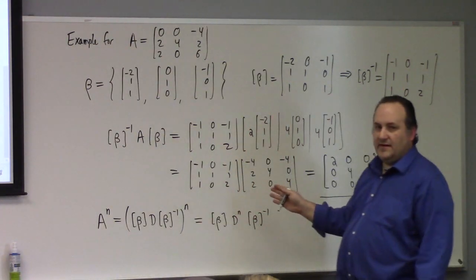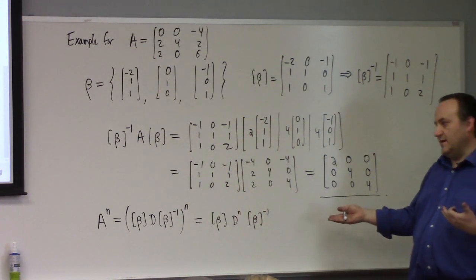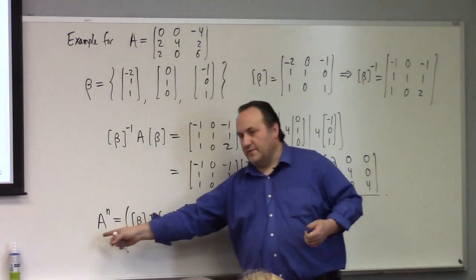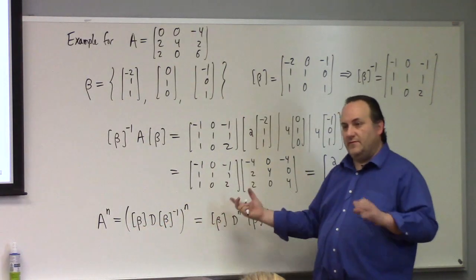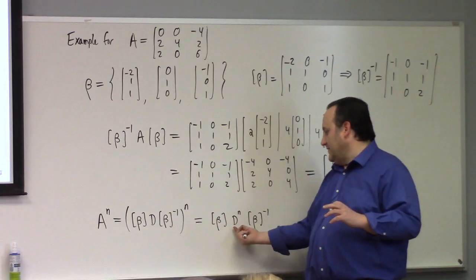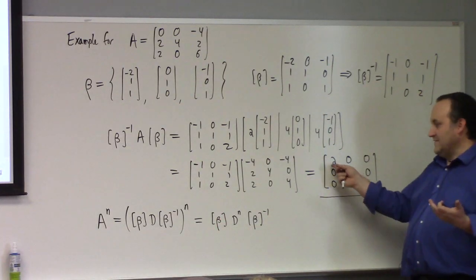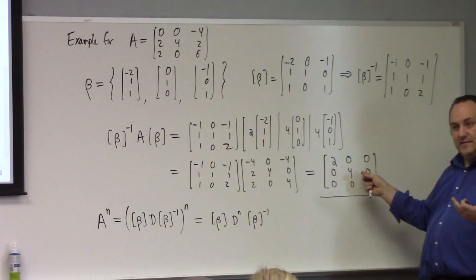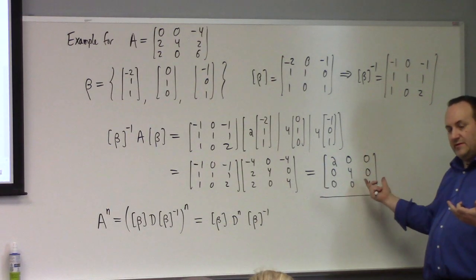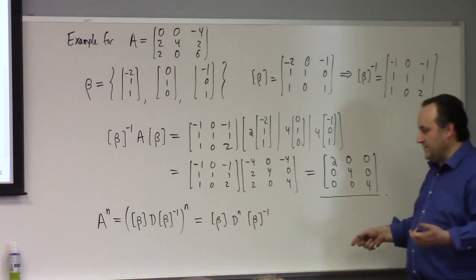I'm skipping a few steps here today, but an application of this is that if you wanted to calculate the nth power of a matrix, it's super easy if you know the diagonalization, because how do you calculate the nth power of a diagonal matrix? What's D to the n? Well, D to the n is 2 to the n, 4 to the n, 4 to the n, because when you raise a diagonal matrix to a power, you just power up the diagonals.